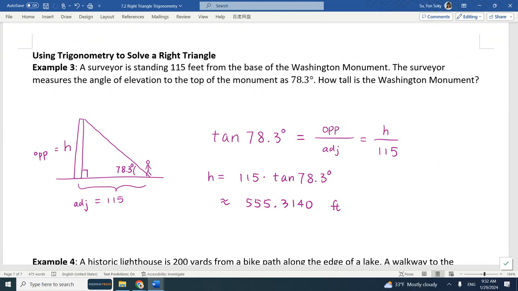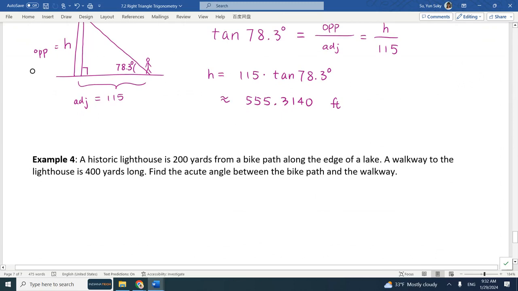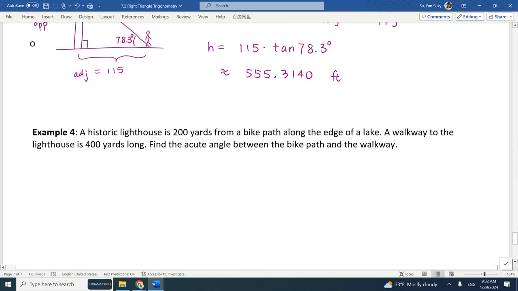Okay, any questions about example 3? All good? Okay, let's continue. Okay, example 4. A historic lighthouse is 200 yards from a bike path along the edge of a lake. Okay, let's draw some picture. We have a lighthouse. Okay, let's say the lighthouse is here.